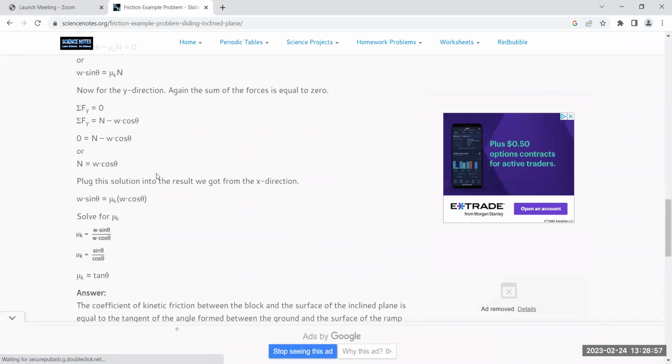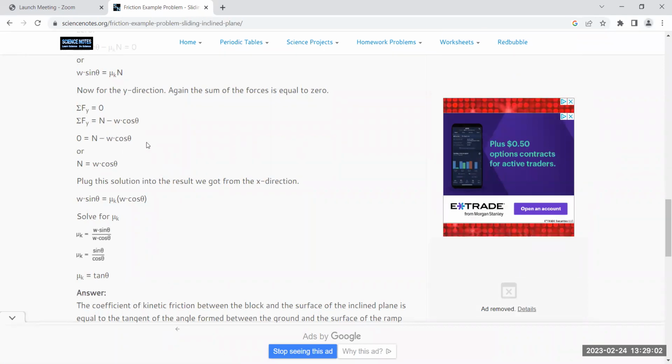You can cancel them anywhere along the way. It doesn't matter, as long as you recognize mathematically that they're going to cancel out. The easiest thing to do is to just leave it as W, work it through. The W's go away. And we find that mu sub k is sine theta over cosine theta.